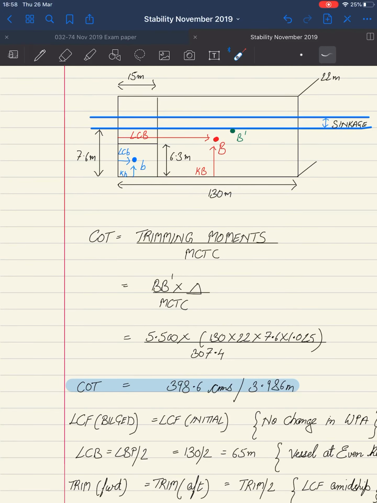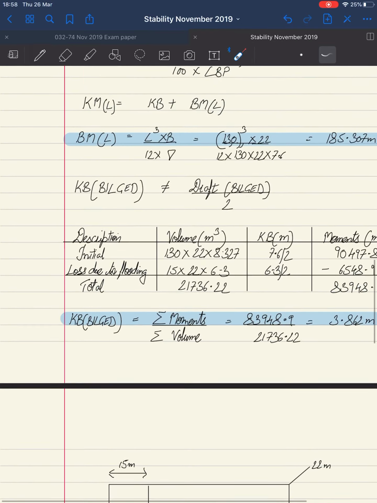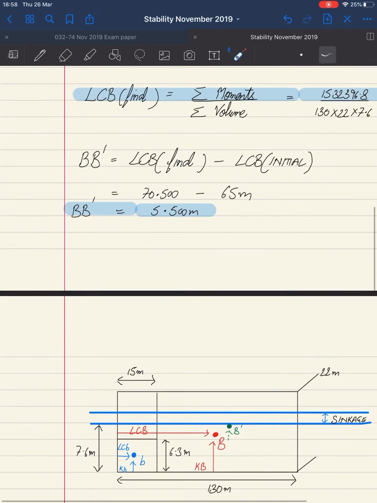Change of trim is equal to trimming moments divided by MCTC. Trimming moments is nothing but BB dash, which is with respect to the longitudinal values, multiplied by the displacement, divided by MCTC. So BB dash we had found out initially was 5.500 meters, which was here.